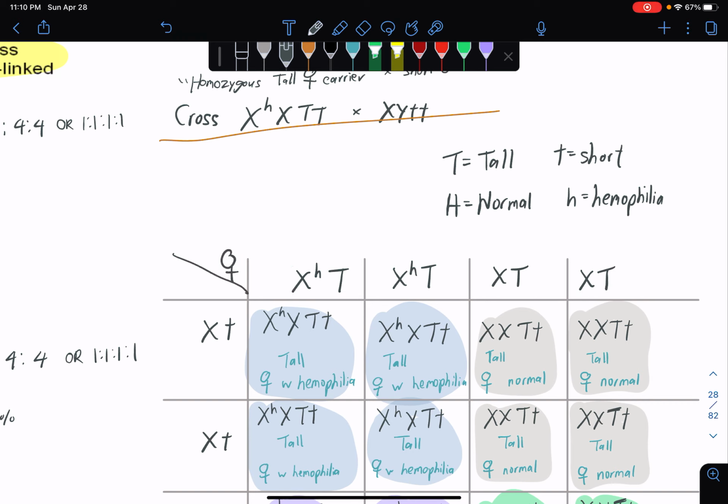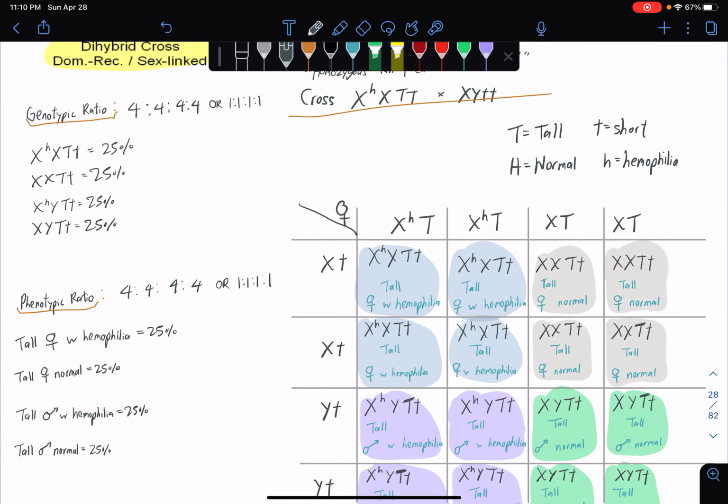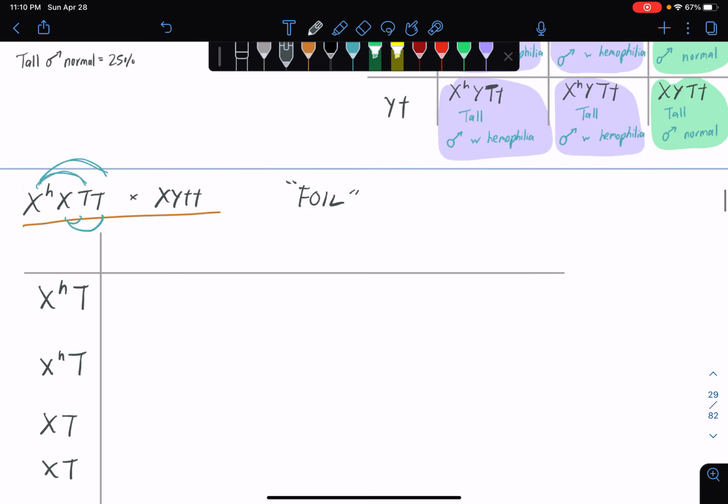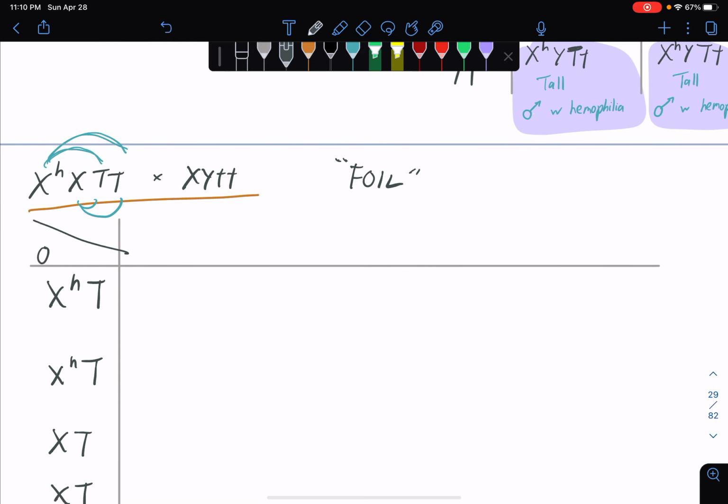The rest, the ones over here, define what is for the male. So here we'll just say that this side is for the female, and the other side is for the male. So Xt, and then another Xt, Yt, and another Yt.